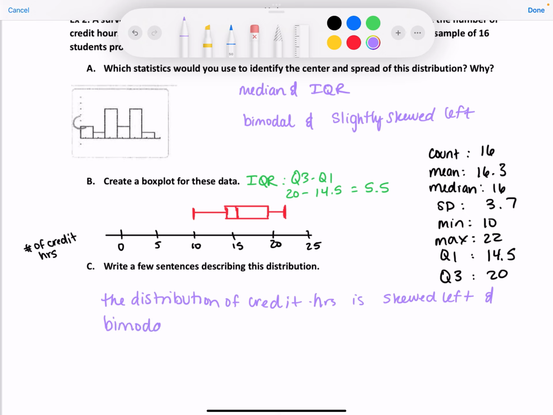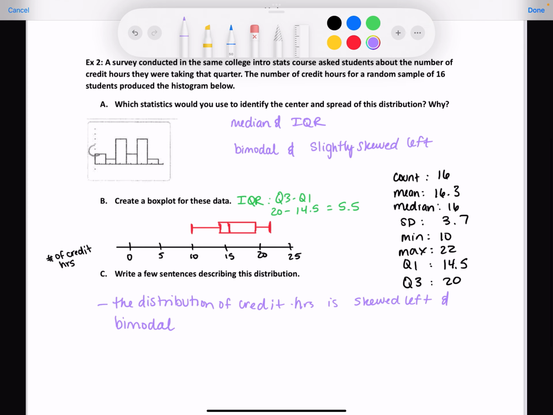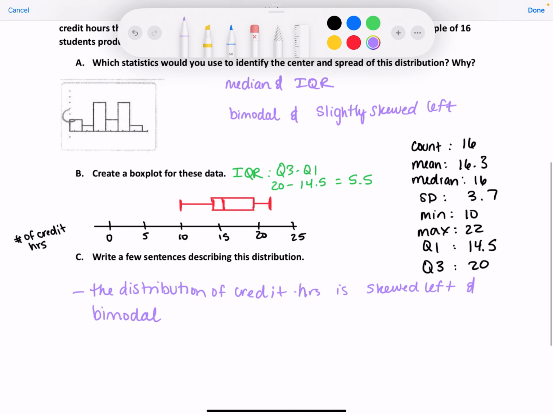Okay, so we could also see that from looking up here. When we're talking about it being skewed, I don't care about what's happening in the box. I care what's happening outside. I care about my whiskers, because if you just looked at what was on the inside, you might say it was skewed right, but it's not. The stuff inside is our main region we're dealing with, so it's the stuff outside of it that is making it skewed or not.